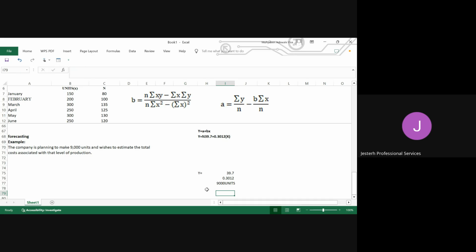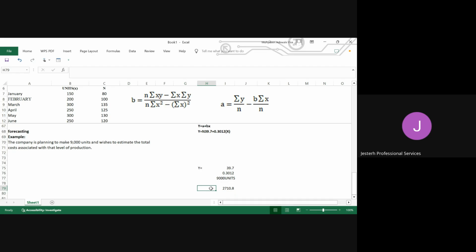It is equal to 0.3012 multiplied by the total level of activities, which is 9,000. Now, this is our total variable cost.